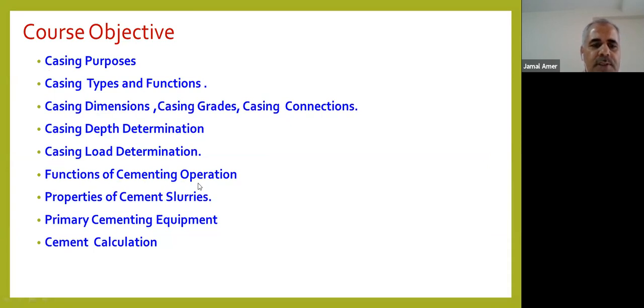Then we talk about cementing operations, the tools used in the cementing operation, and the types of cement operation: primary cementing and squeeze cementing. We also cover how to calculate the required volume of cement to perform the whole cementing job successfully without any failure.